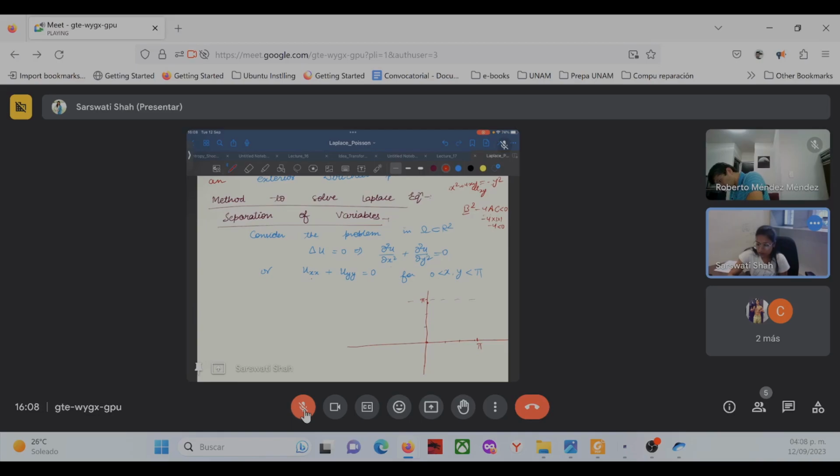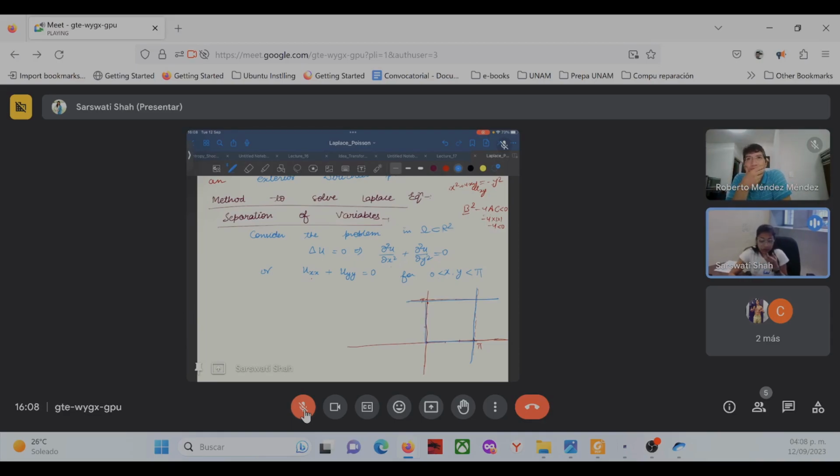Oops, I am very bad. I don't know how to draw. So this is the region where the solution is defined. This is the region where the equation is defined, is not it?